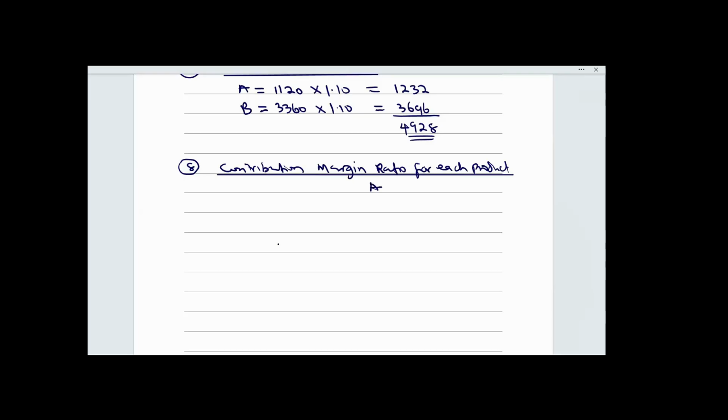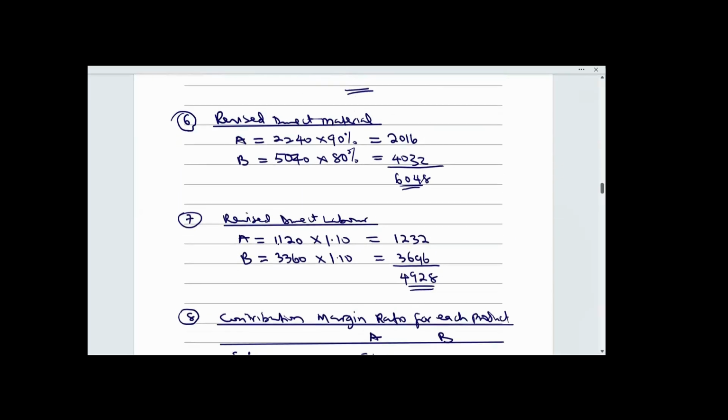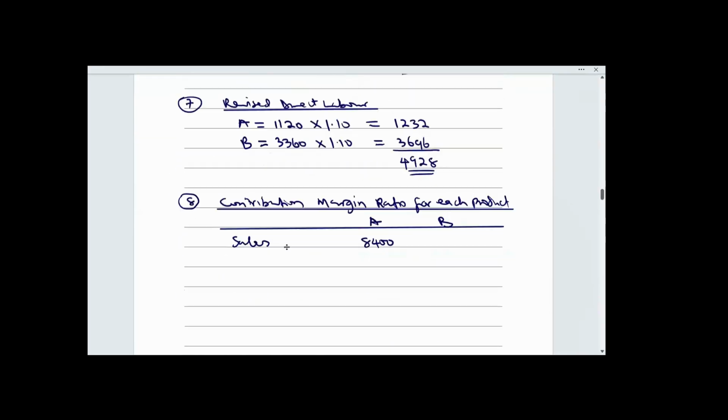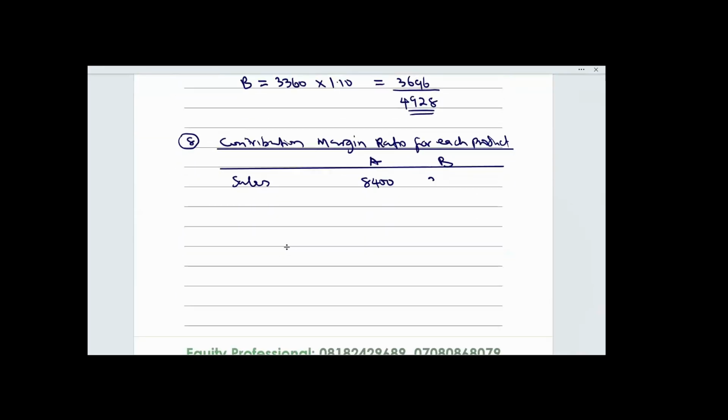So we have product A, and we also have product B. Sales of product A still remain 8,400. Sales of product B has reduced to 22,400, working number 5.